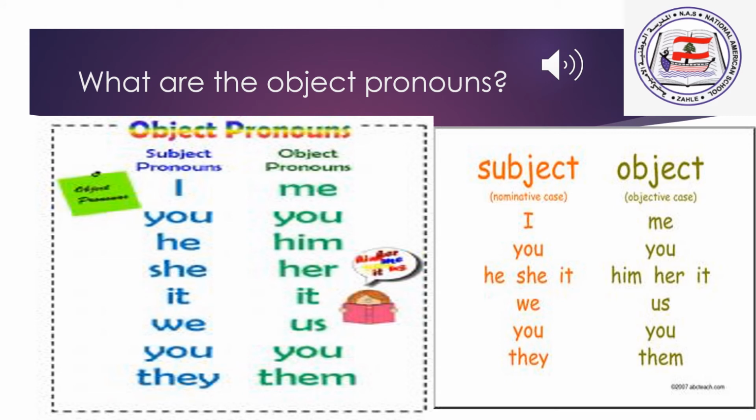In front of you, I have listed the subject pronouns on the left-hand column and the object pronouns on the right-hand column. Once again, the object pronouns are me, you, him, her, it, us, you, and them.